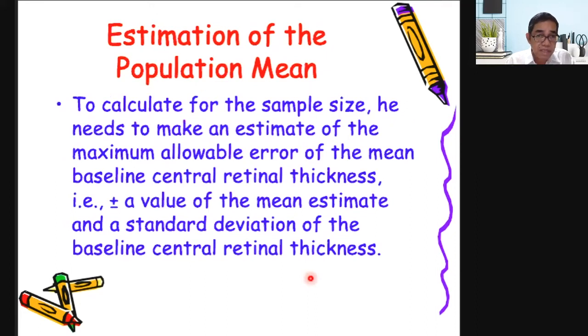To calculate the sample size, he needs to make an estimate of the maximum allowable error of the mean baseline central retinal thickness. That is a plus or minus value of the mean estimate, and it is decided upon by the researcher. So that's an arbitrary value decided upon by the researcher. He also needs the standard deviation of the central retinal thickness taken from previous studies.